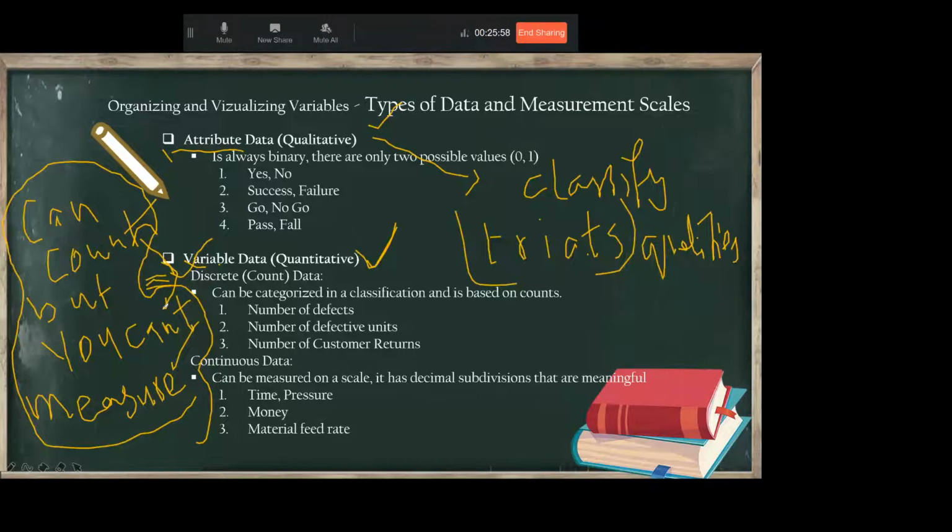Whereas in continuous, you can count as well as you can measure. For example, time, pressure, money, material feed rate. Every rate, price is also a rate. Every rate is measurable. Time, pressure, money you can measure, like I have 11 RMB, 11 yuan, and 5 mao.